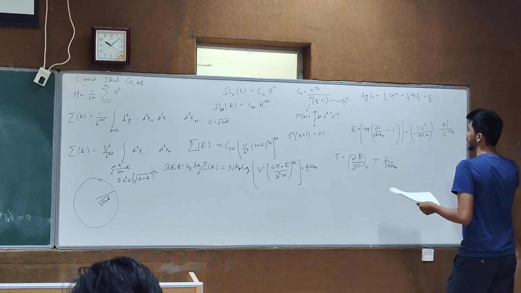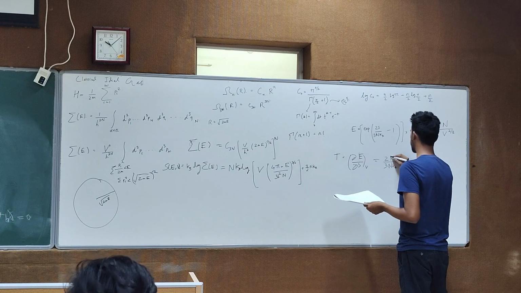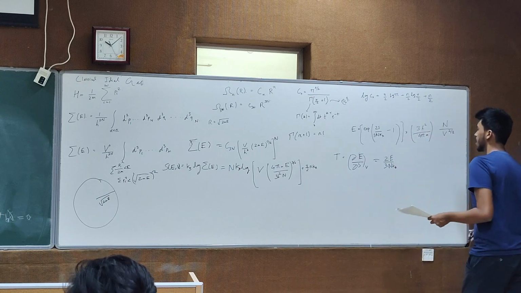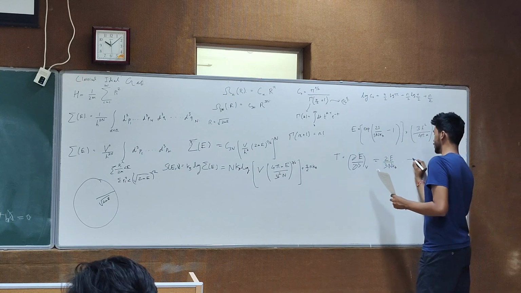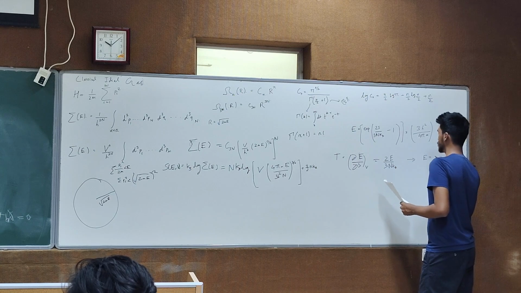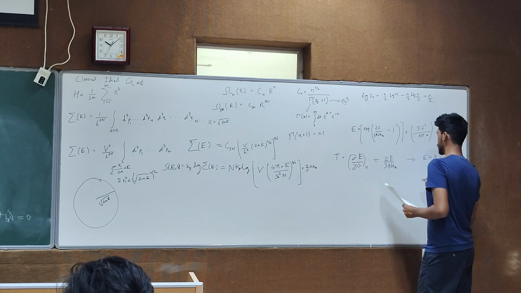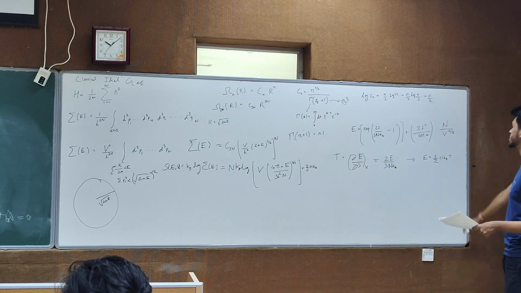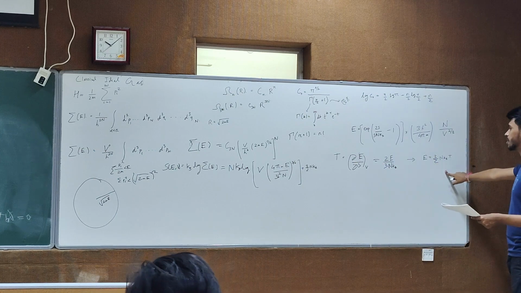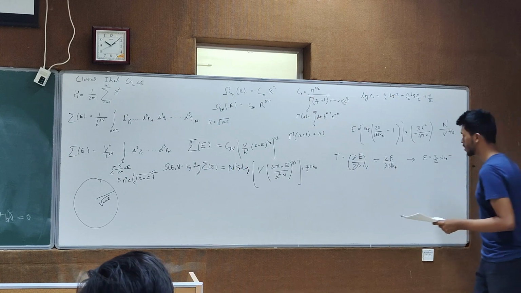And the remaining part is basically E itself. So you'll get this, and so from this you get E equal to 3 by 2 n kB T. And this was the same relation we got from the equipartition theorem, if you remember.